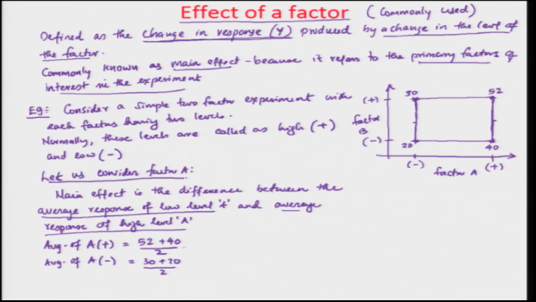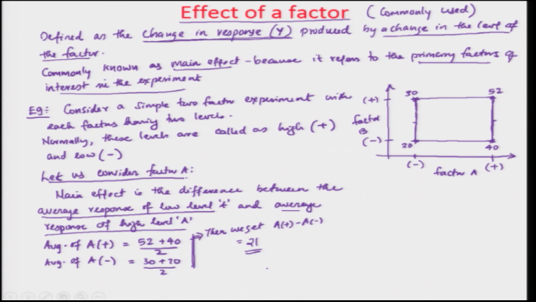So A plus minus A minus will be 50 divided by 2 is 25, then 92 divided by 2 is 46, and if you do that, 46 minus 25 gives you 21. So, 21 will be the answer for this particular case.